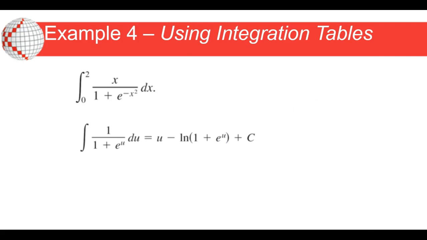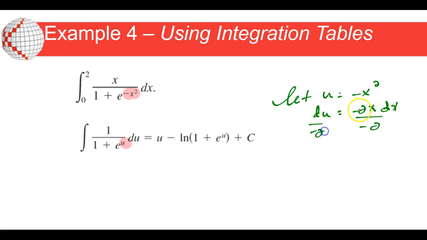So let's try to identify. It looks like I want u to be this x squared term, or negative x squared term. Let's let u equal negative x squared. If I do that, then du is negative 2x dx. I don't have a negative 2, so I'll divide that out.